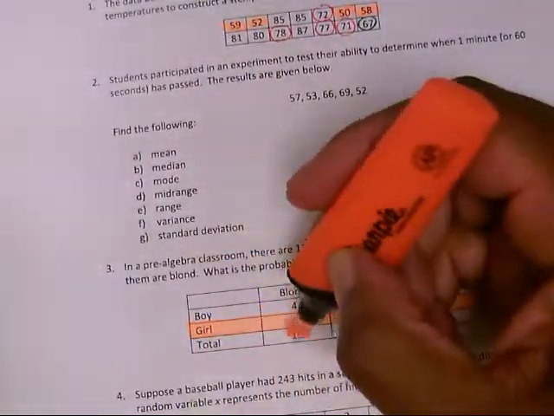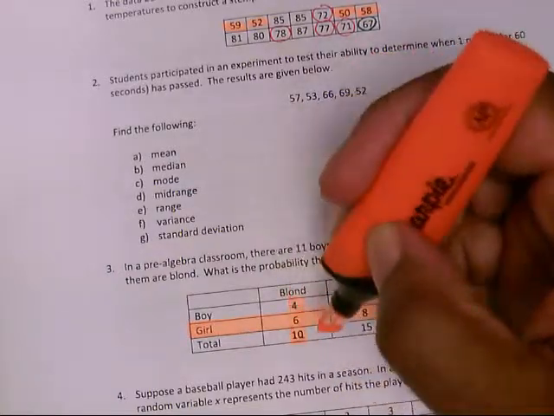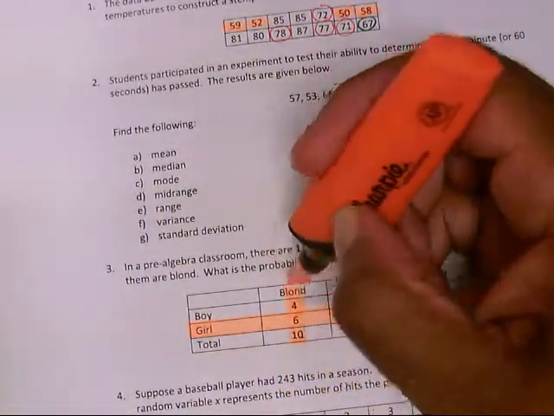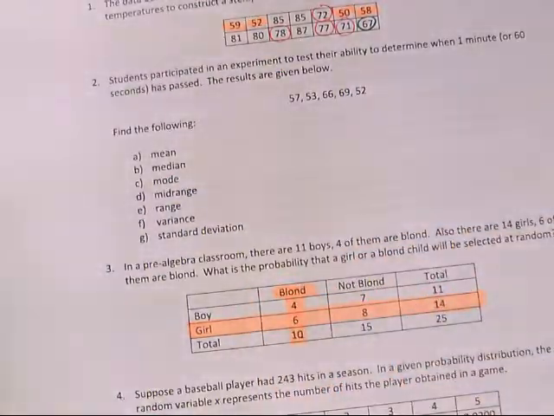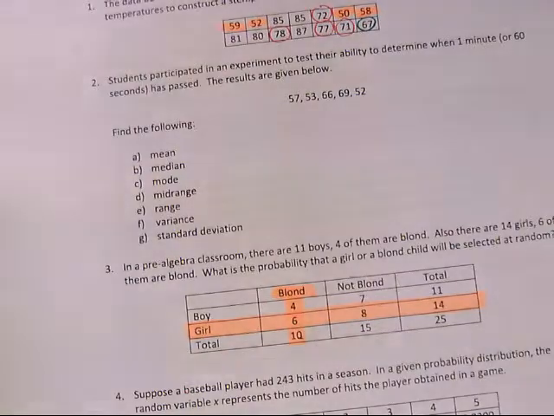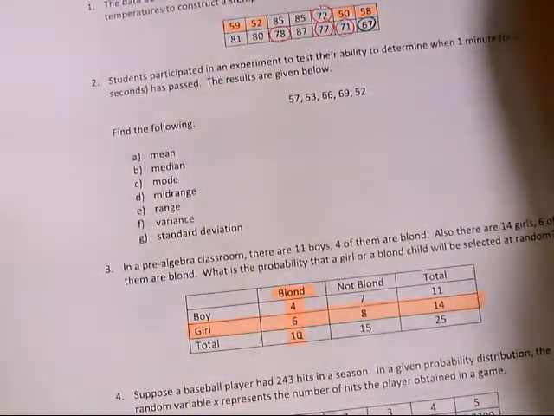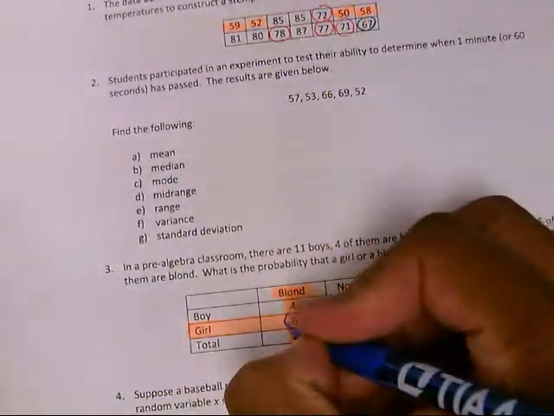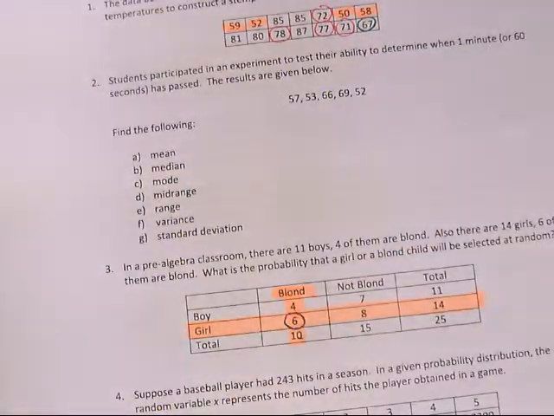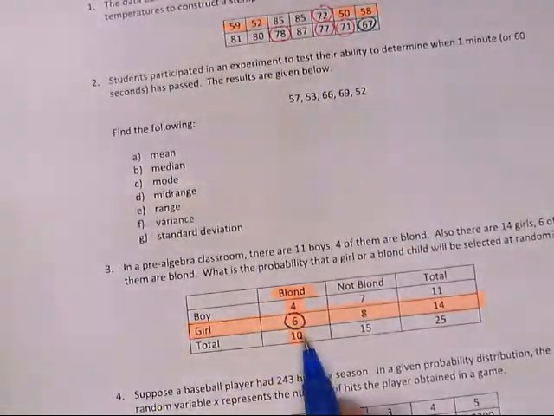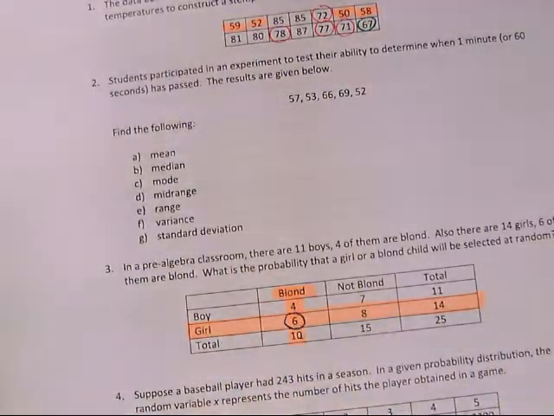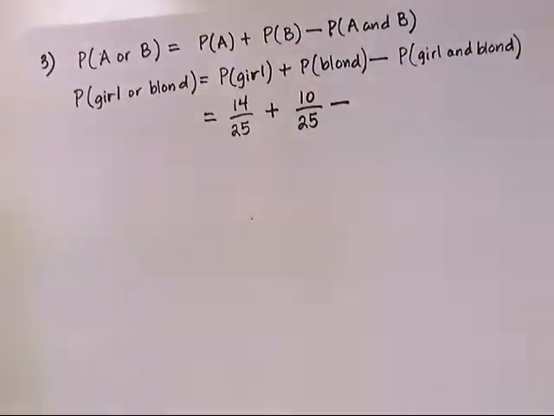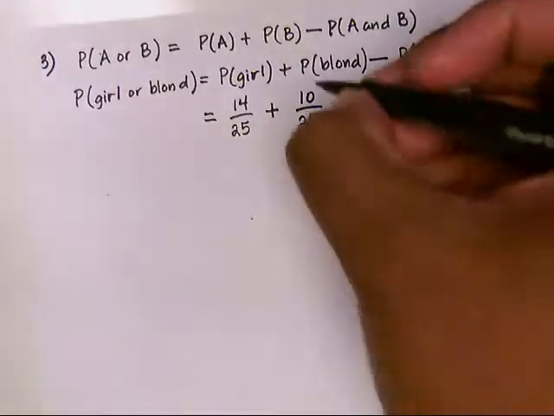And the probability of selecting a blonde is going to be this column right here. So here, the intersection of the two would be that number where that intersection is at. And in this case, it's at 6. So the probability of selecting a girl and a blonde child will be 6 out of 25. That's the overlap that we have to subtract.